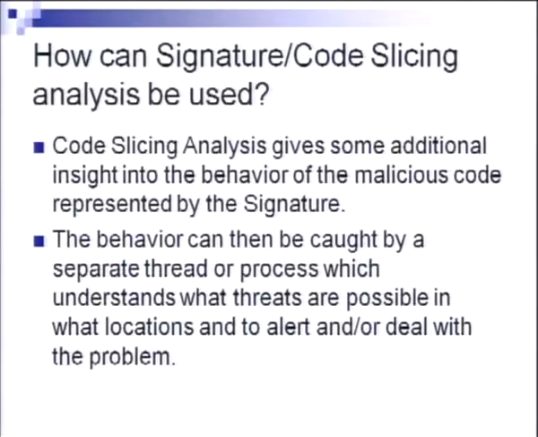It gives some additional insight into the behavior of the malicious code represented by the signature. The behavior can be caught by a separate thread or process, which can alert the user or deal with or isolate whatever the problem is that you're running across.